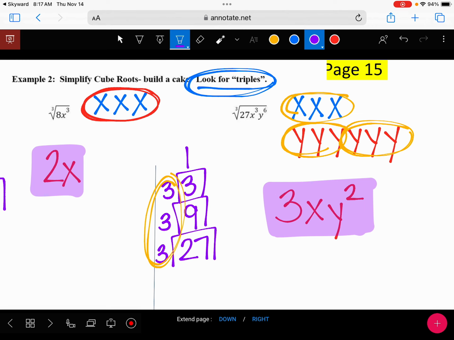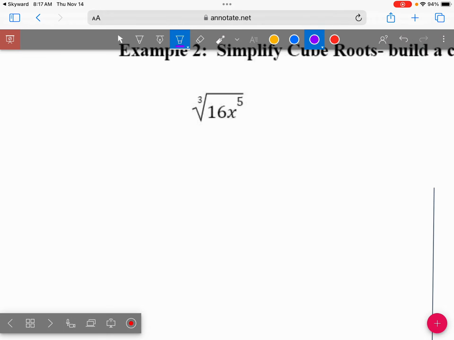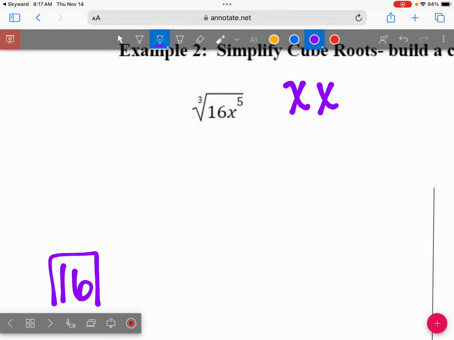Let's go to the bottom of page 15. So we have 16. Let's go ahead and build our cake with 16. And then I have 5 x's, 1, 2, 3, 4, 5. So go ahead and build your cake.